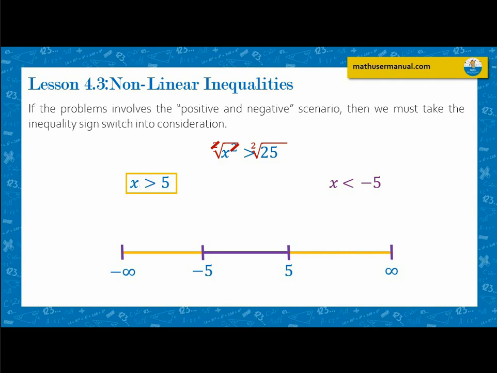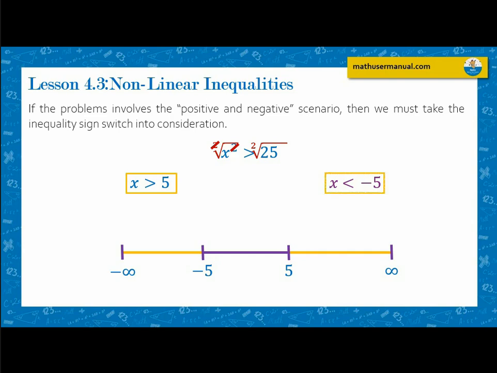Any number greater than 5 is a possible solution: 12, 48, 432, 5.001. One more time, what about 5 itself? 5 itself is not a possible solution because we do not have x greater than or equal to 5. We just have x greater than 5. So we do not include it.